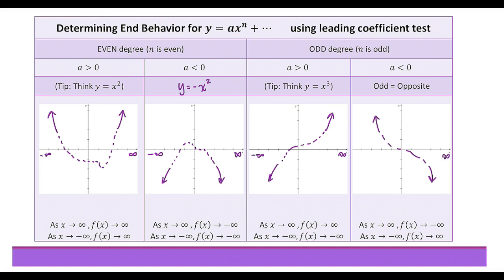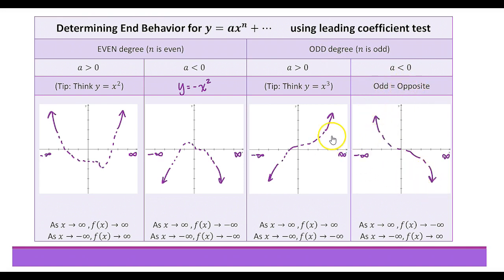So as x goes to positive infinity, the y values go to negative infinity, f of x. And as x goes to negative infinity, f of x goes to positive infinity. So I like to think about it as if I have an odd degree, odd goes the opposite direction.